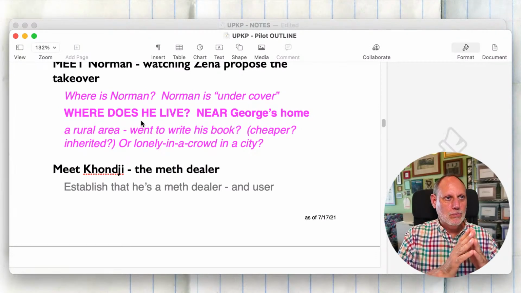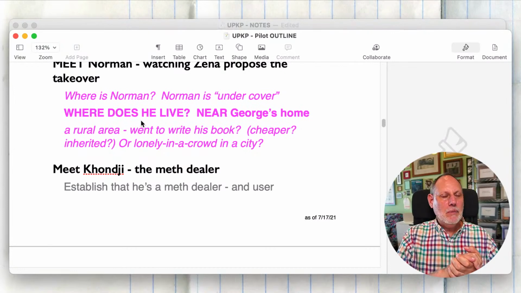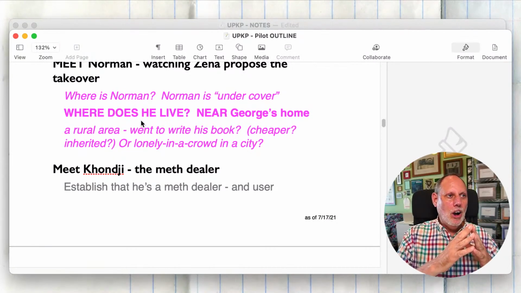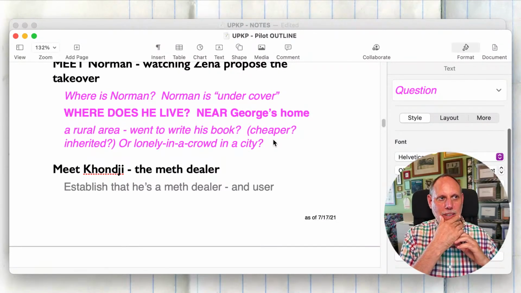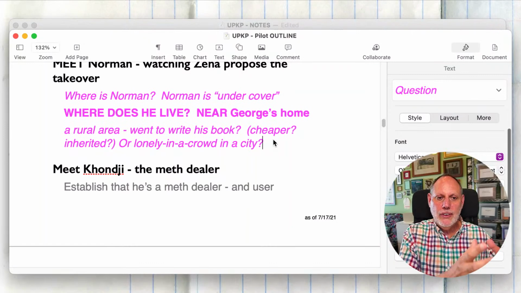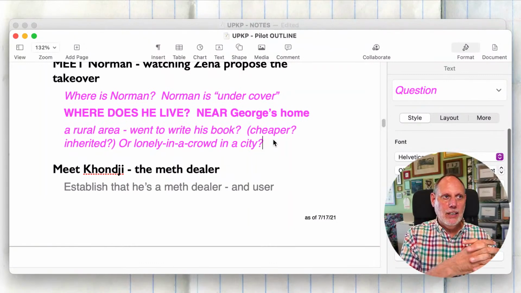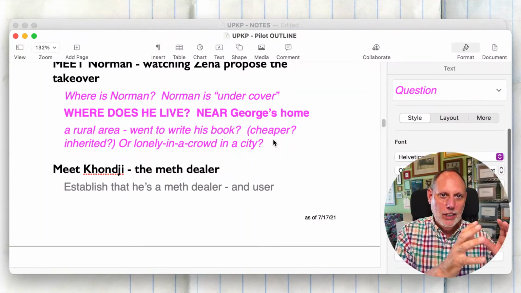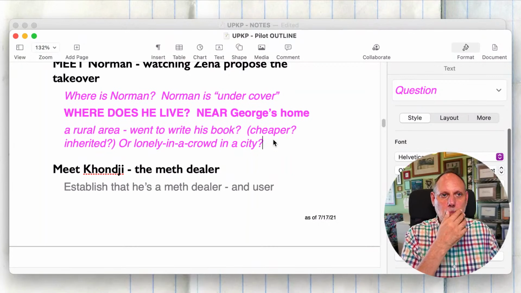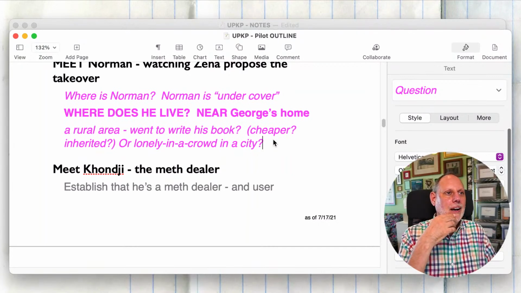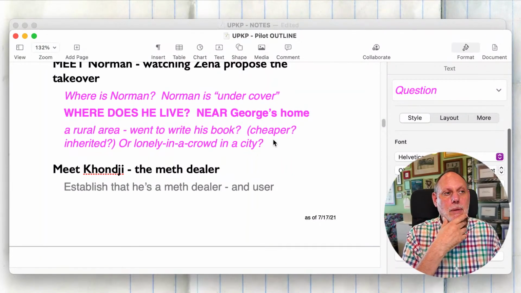And I think I'm going to let that cook. I'm going to let that settle a bit. Offhand, my original idea was that he was very isolated, that he was forcing himself into isolation to write this book. I'm not sure if we have time, although that might not be a bad thing.